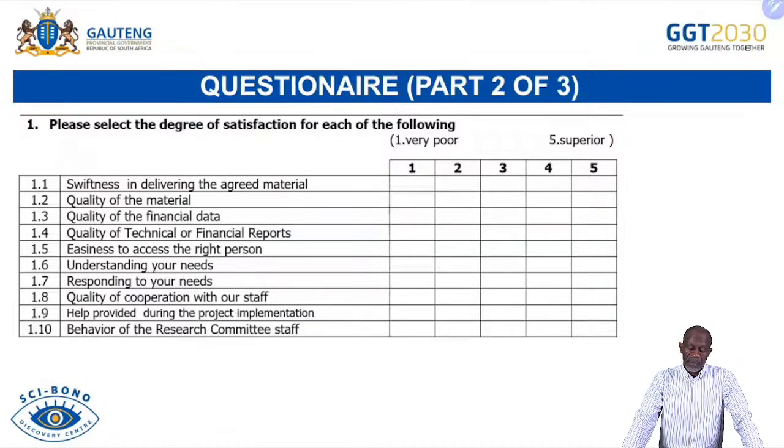These are some examples of questions. The swiftness in delivering the agreed material. So you'll use the ratings of 1 to 5. Questions such as the quality of material, the quality of the financial data.